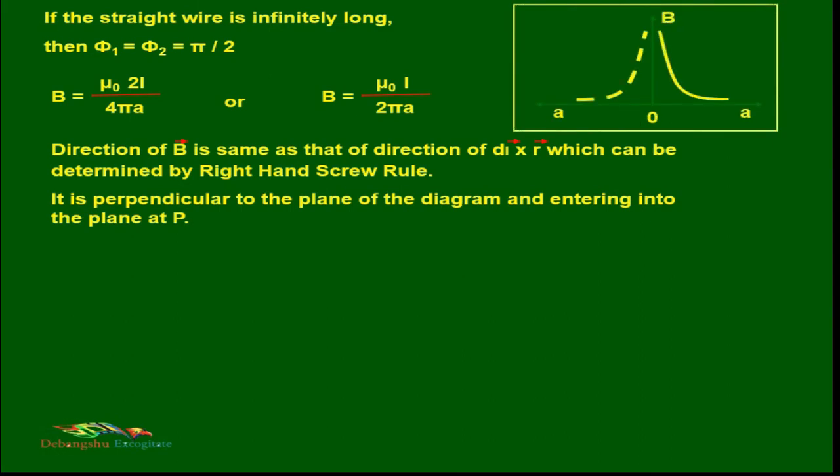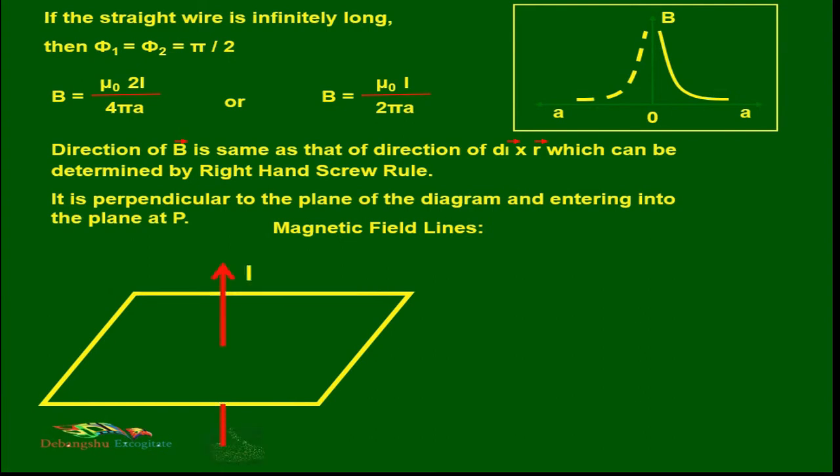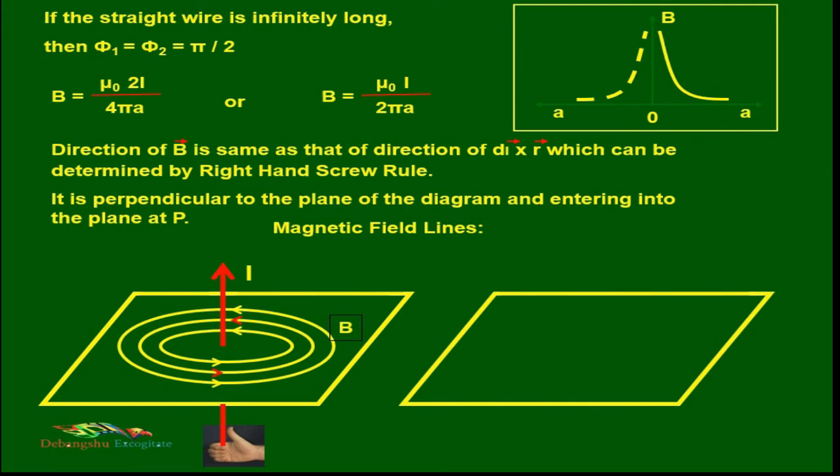So let us see the shape of the graph between B and a. You can understand a is the perpendicular distance between the point and the conductor. So it is an infinitely long conductor, so it's a hyperbolic function. Magnetic field lines, let's see how the magnetic field lines look. With the right hand thumb towards the I, the direction of the magnetic field lines are like this.